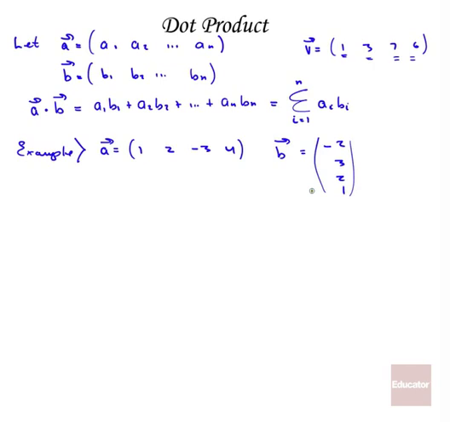Okay, so our dot product, A dot B here, we'll just go back to our definition. It says take corresponding entries and just multiply them together. That's all you've got to do.